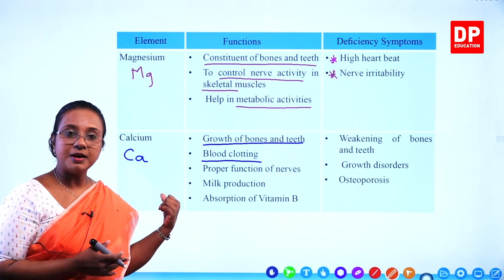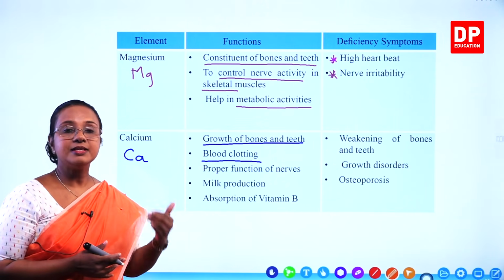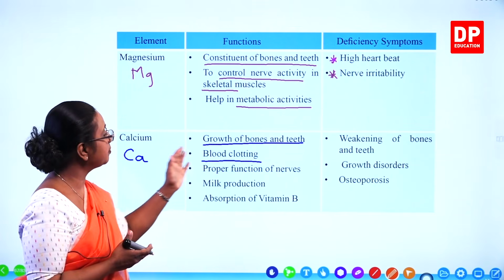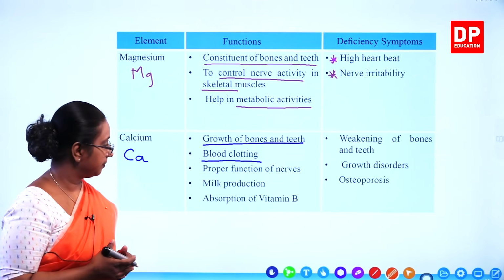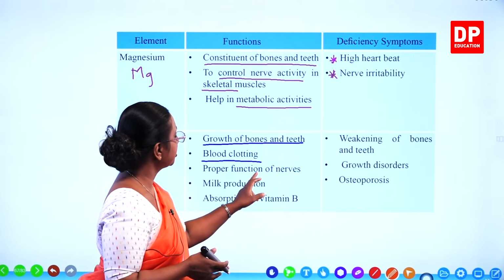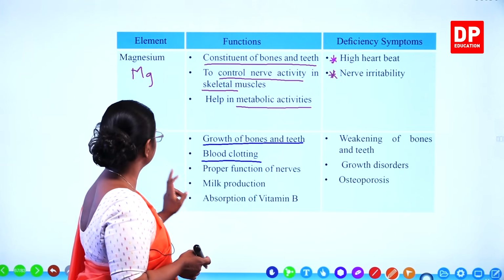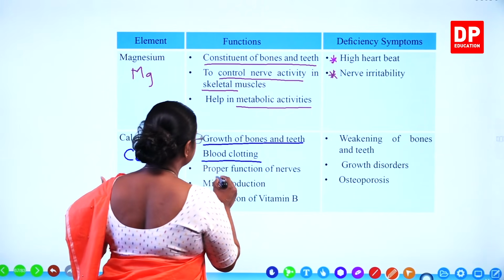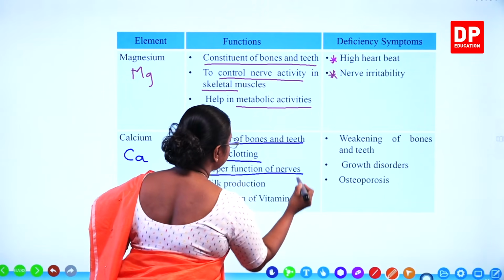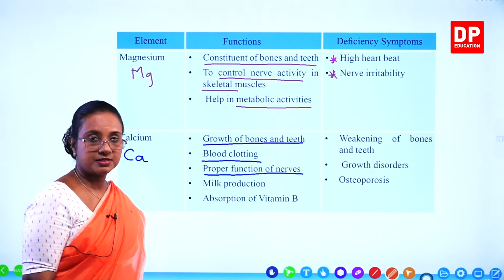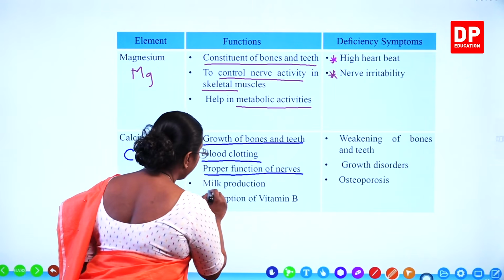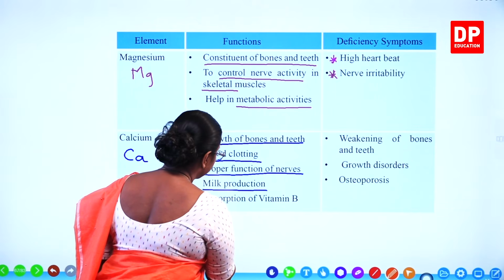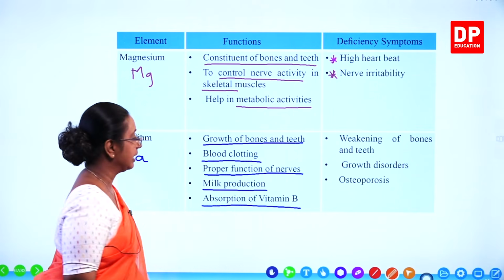So the calcium ion prevents excessive blood loss due to injuries. And proper function of nerves is also controlled by calcium, or calcium is necessary for the proper function of nerves. It is needed for milk production and also for the absorption of vitamin B.